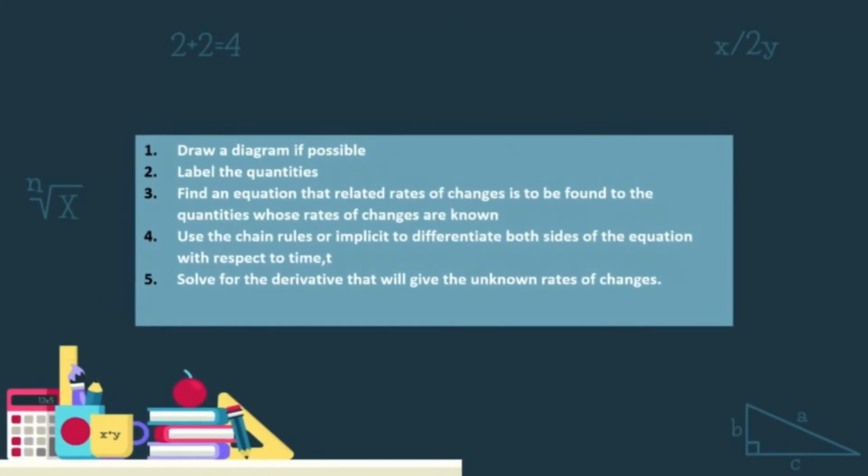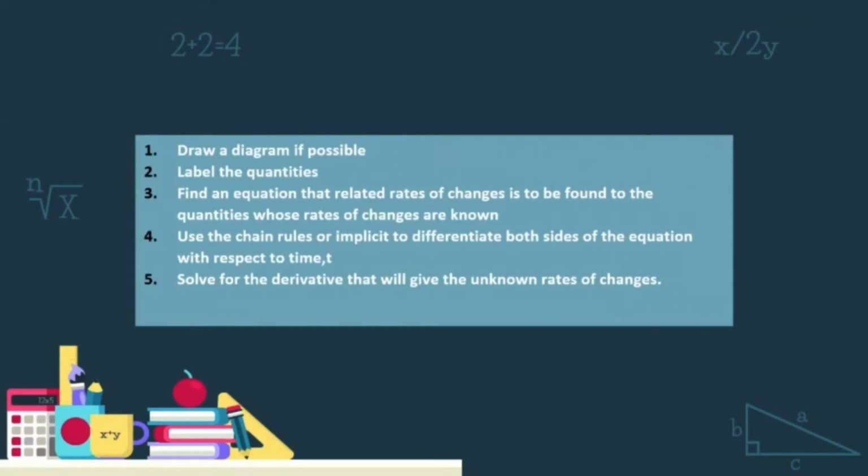So, how can we solve this problem? Maybe Saffrina can help us. So, in related rates problems, there are some steps to solve it, such as: first, draw a diagram if possible. 2. Label the quantities. 3.